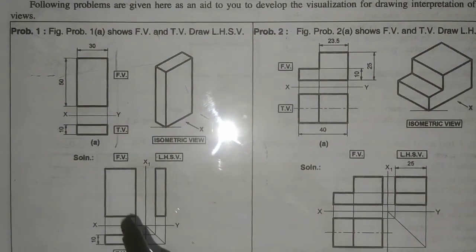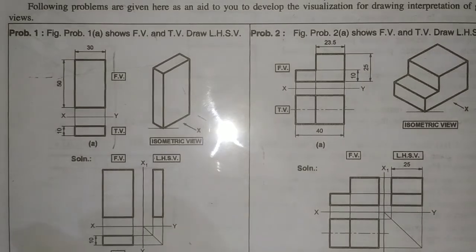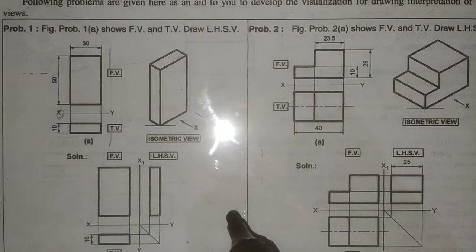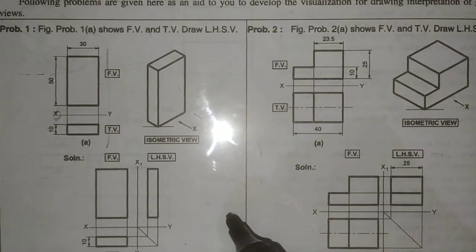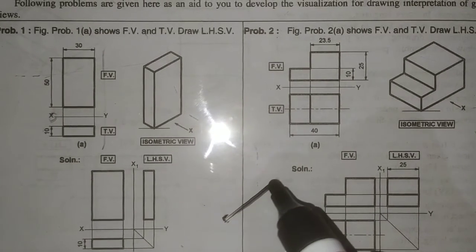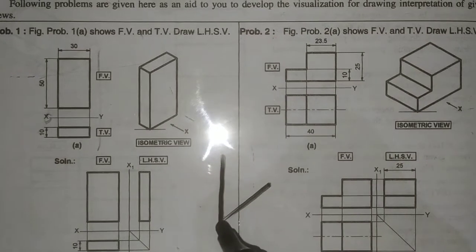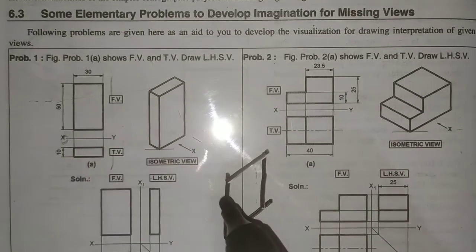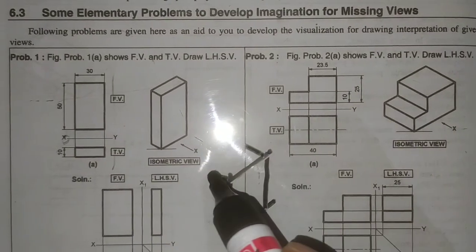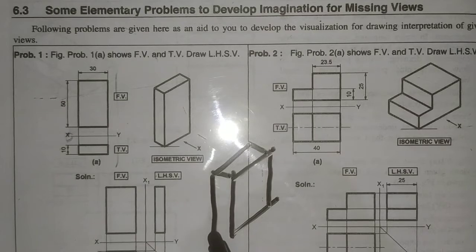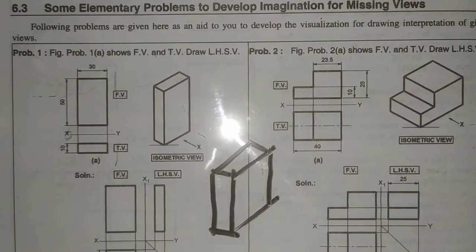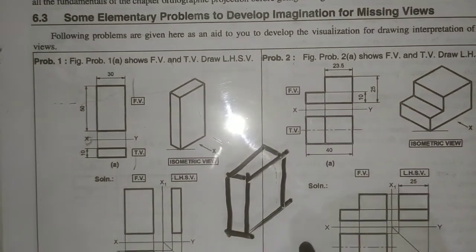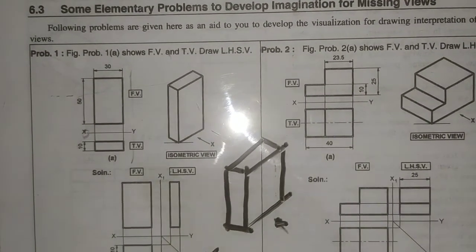First, I will mark a 0 point here, and draw this front view. Now what is your top view? This will be your top view, and automatically this line will meet here and complete the object. Now if you imagine, this will be your top view, this will be your front view, and this will be your left hand side view.